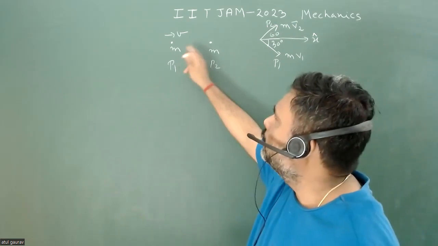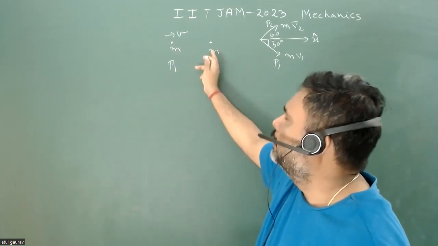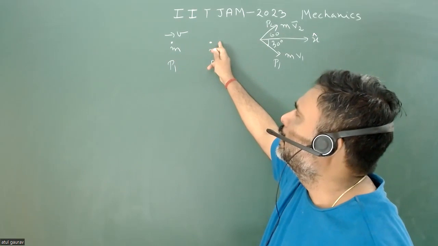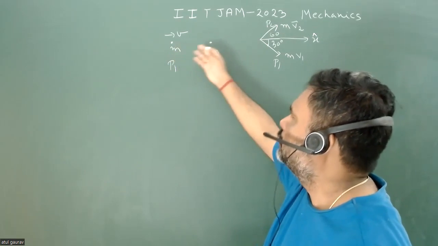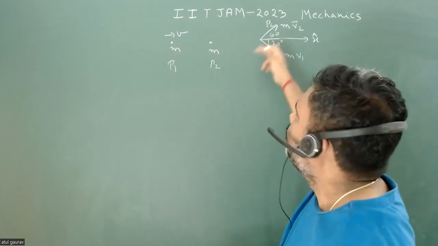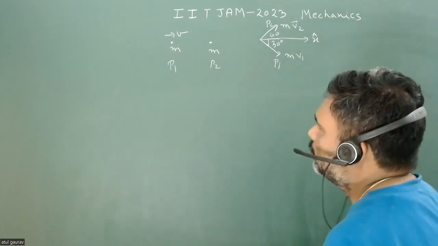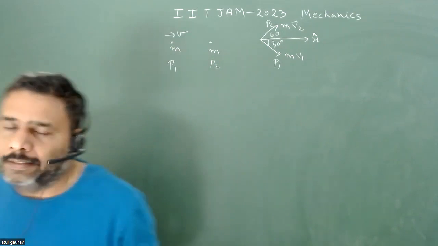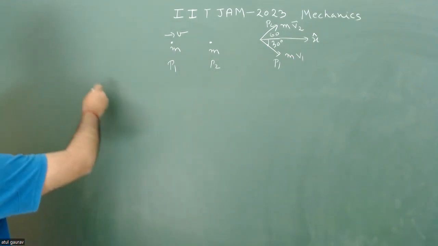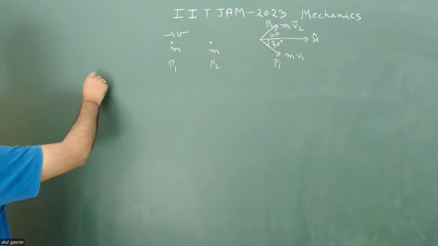When both masses are the same, and one mass is at rest and the other is moving with some velocity, then the relative angle is always 90 degrees. So this option is always correct.